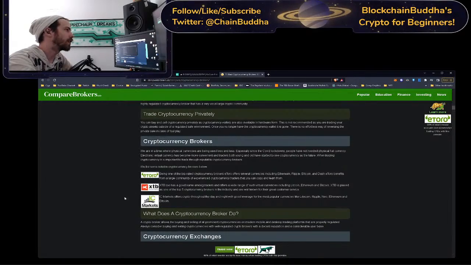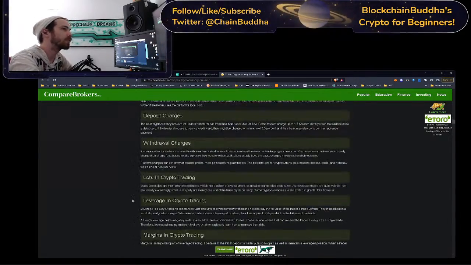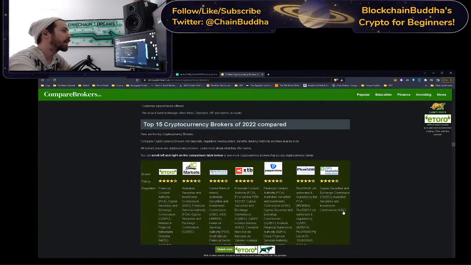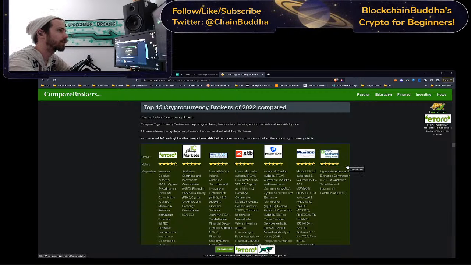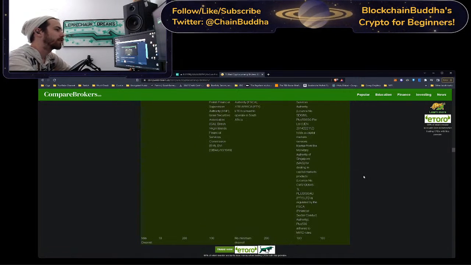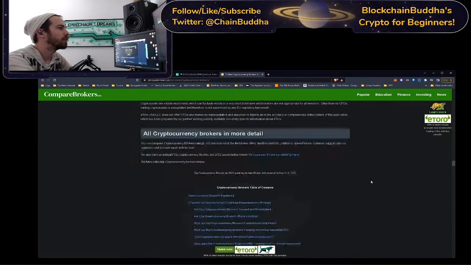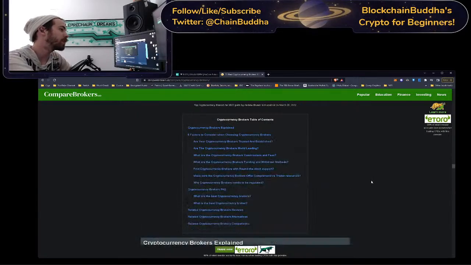So they're showing eToro. I don't really use too much. I don't really use anything else but KuCoin, to tell you the truth. But here's a nice little area where they compare some brokers for you, if you guys are interested. Some of these also have demos where you can open up a demo account.